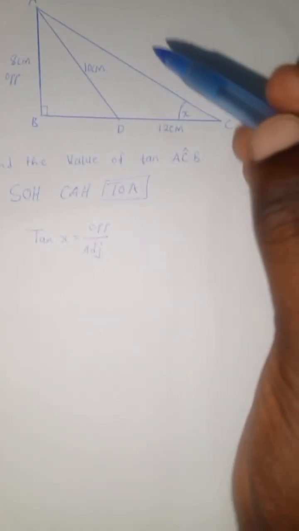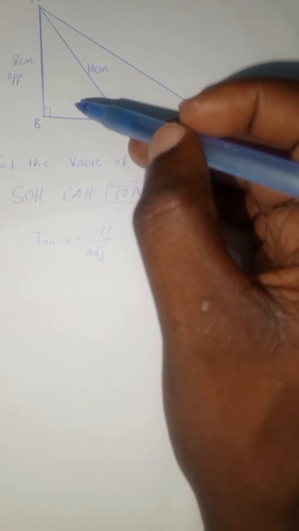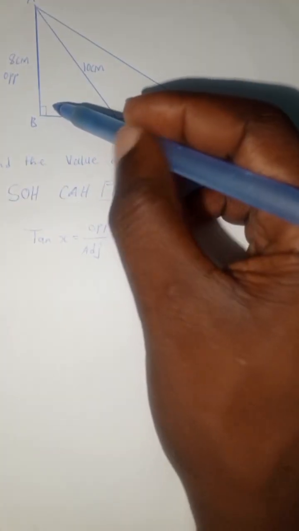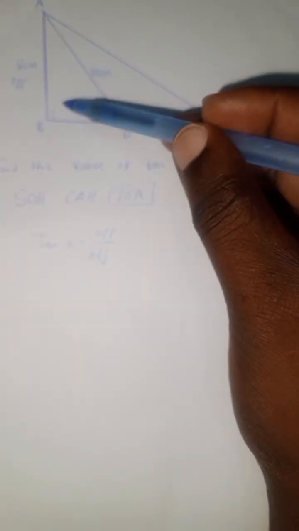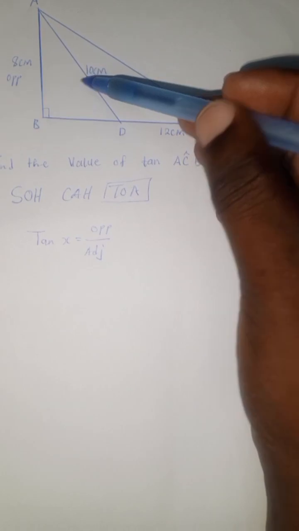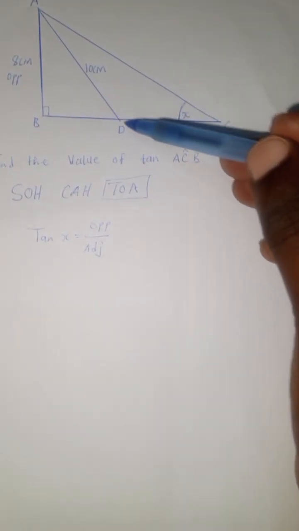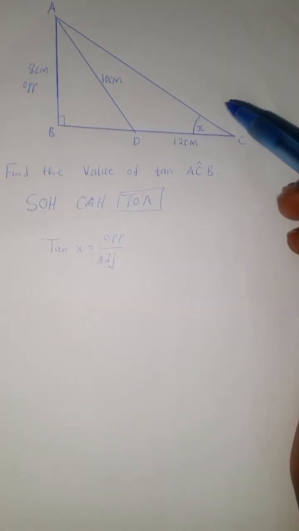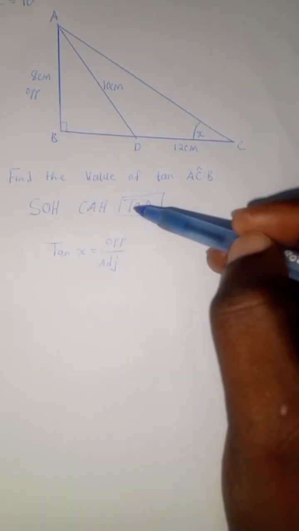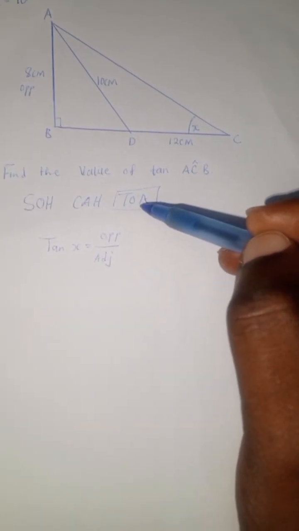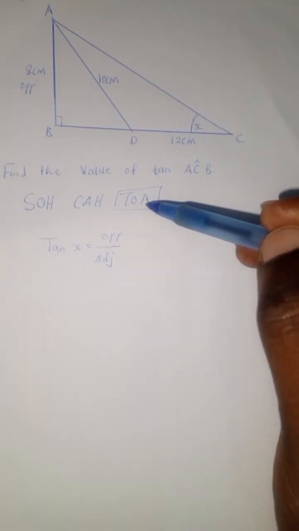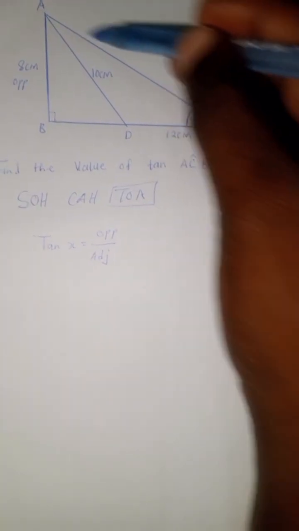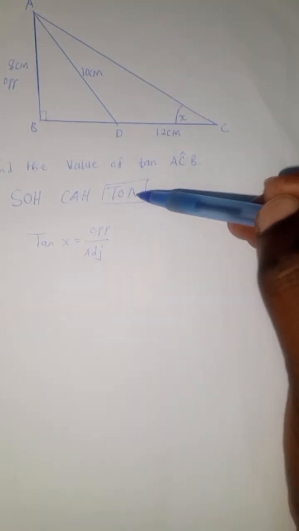Now, what about the adjacent? The other thing we can identify from here is the hypotenuse. The hypotenuse can be 10 if we consider the smaller triangle, or it can be right there, which is the AC, if we consider the bigger triangle. However, for SOHCAHTOA, for a tan, we don't consider the hypotenuse, so we only need the opposite and the adjacent.